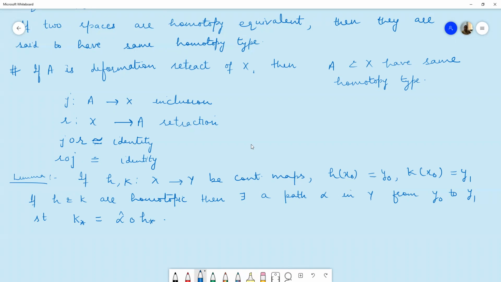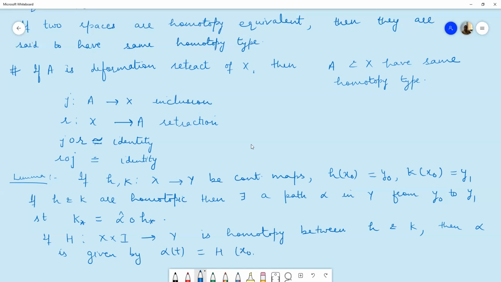And in fact, we can prove that if capital H is the homotopy between h and k, which will be a mapping from X cross I to Y, then this path alpha is defined by H of x naught, t.